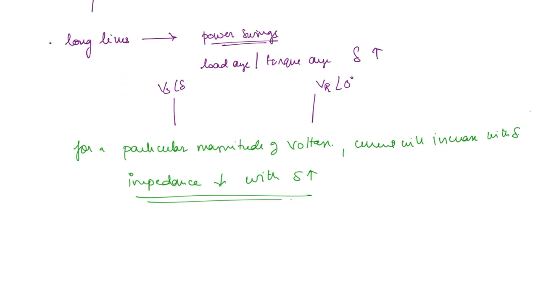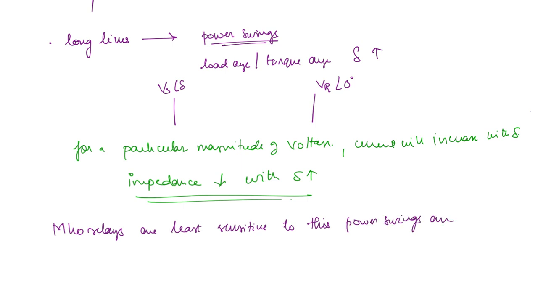So you can write: mho relays are least sensitive to these power swings and so preferred for long lines.